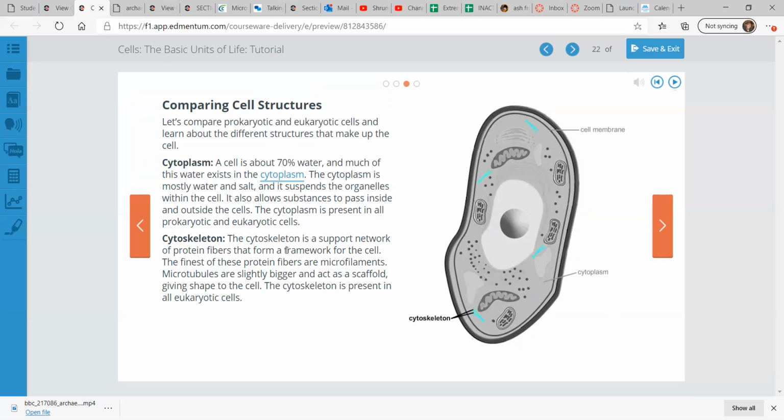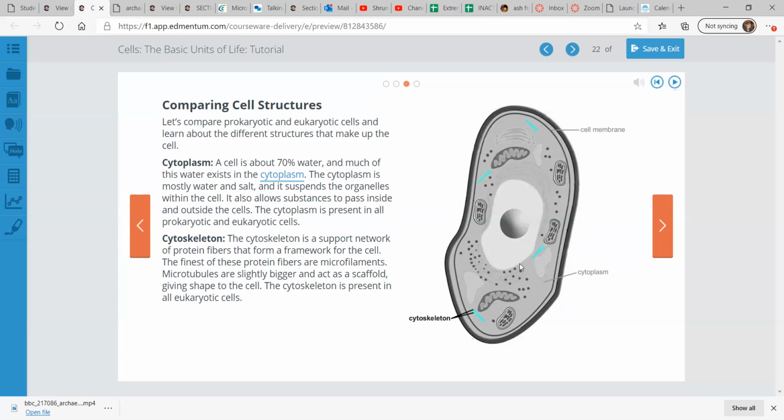Cytoskeleton. A cytoskeleton is a support network of protein fibers. And these little fibers form a framework for the cell. The finest, as in the smallest fibers, are the microfilaments.